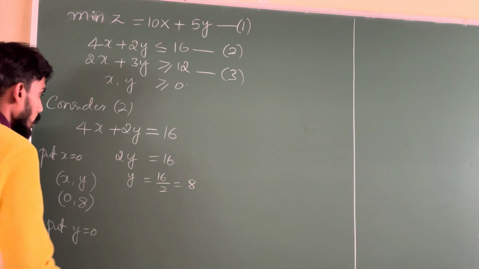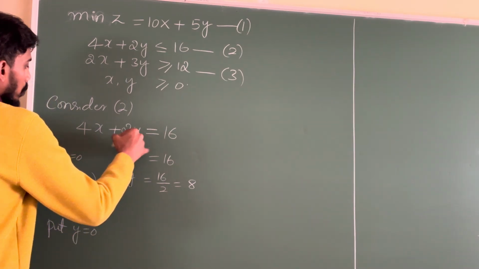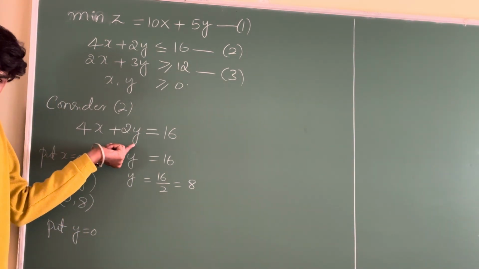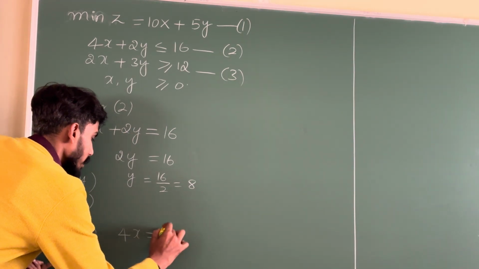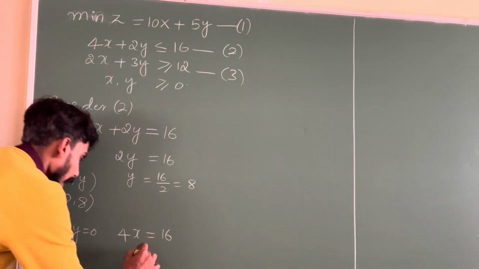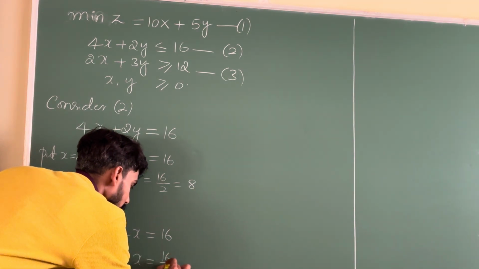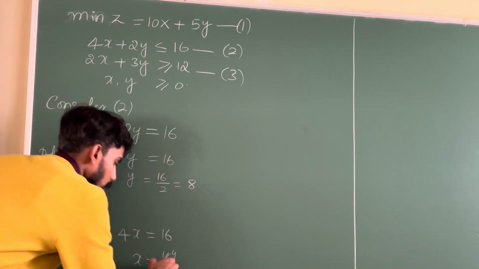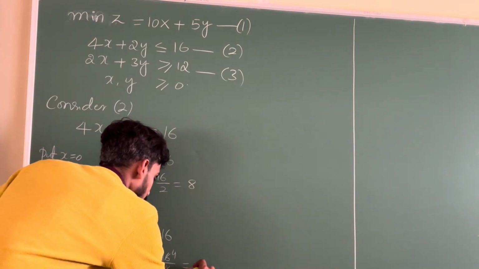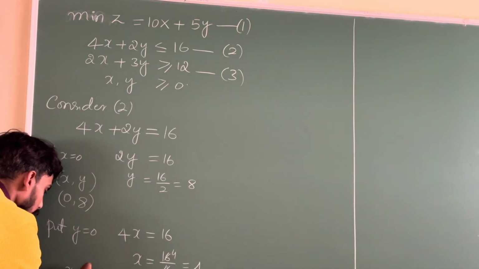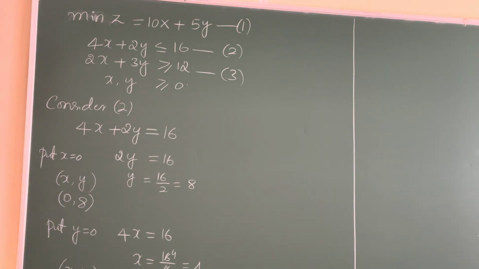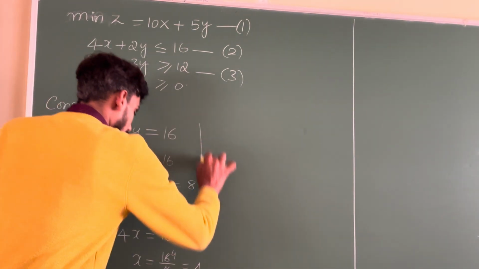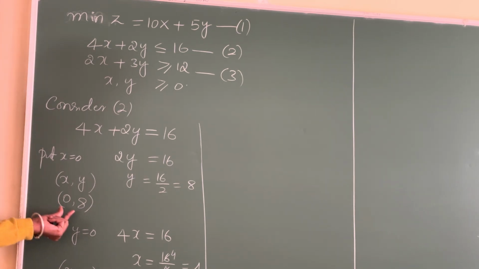When I substitute y as 0, 2 into 0 is 0, I remain with 4x equal to 16, and x equal to 16 divided by 4, that equals 4. Finally I got the point 4 comma 0. Using equation 2, I obtained 2 points, namely 0 comma 8 and 4 comma 0.